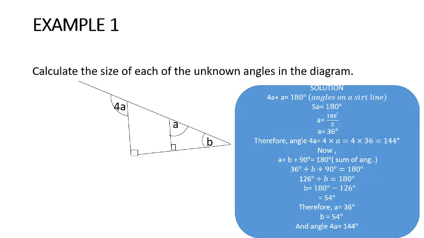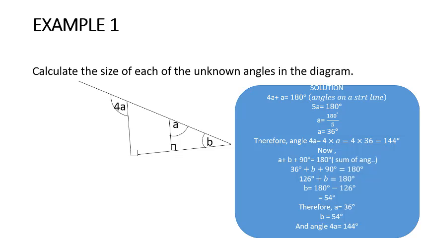180 degrees. Now for me to find the value of A, I'm going to use inverse operation. Here 5 is multiplying. That means when it jumps the equal sign, it will divide. So 180 degrees divided by 5, the answer is 36 degrees. So the value of A is equal to 36 degrees.